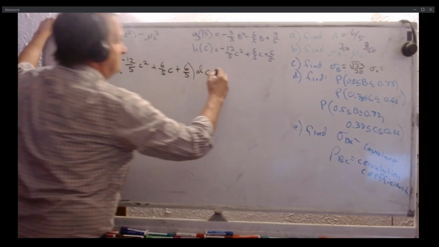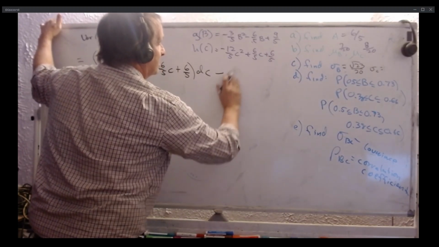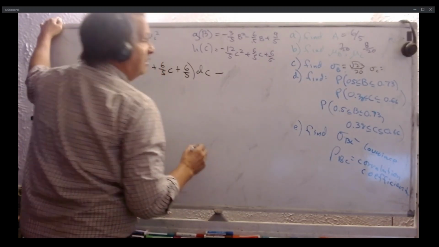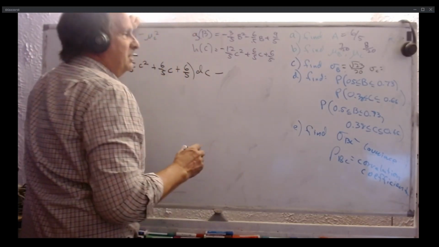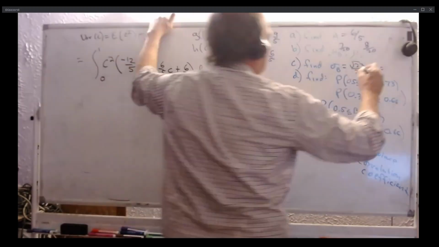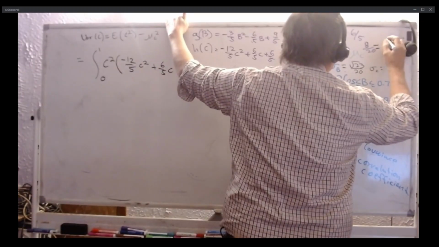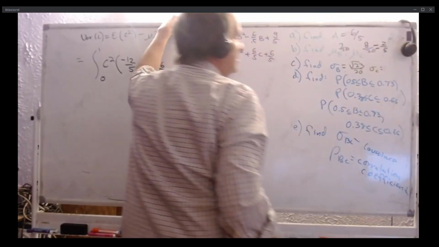Okay. So don't forget minus mu sub c, right? We can plug in the number, can't we? We should probably reduce it because we're going to square it. So 8/20 is equal to what? 2/5. Yep.